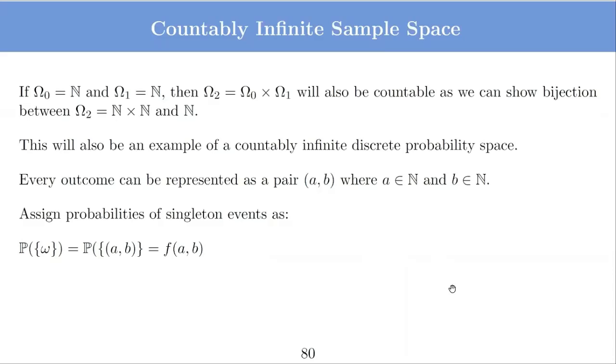So it's a two-dimensional sequence, or a function which depends on two parameters. If you define this, you will get the probabilities for each singleton event, and using the same formula, you can extend it to every possible element of the sigma algebra by adding the probabilities of all the outcomes which make up the event you have taken.